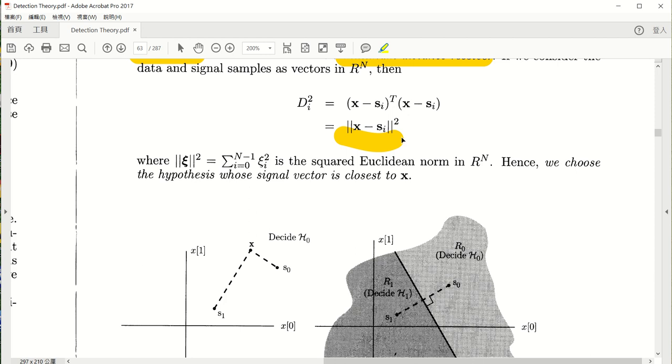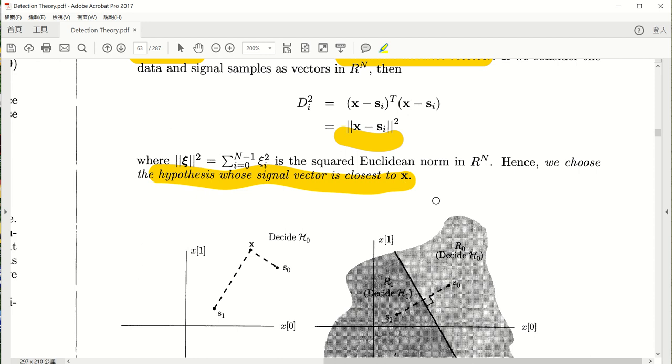Of course, it's just a vector norm representation. And then we will choose the hypothesis whose signal vector is closest to x. This is intuitive, right? We will choose the hypothesis with the signal vector closest to x.